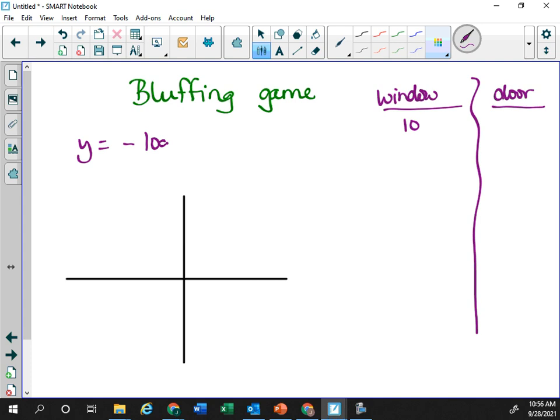Let's do negative log base 4 of negative x plus 2. Question.